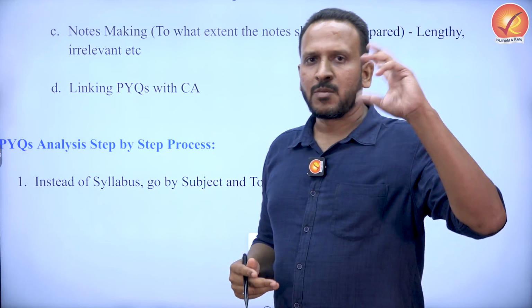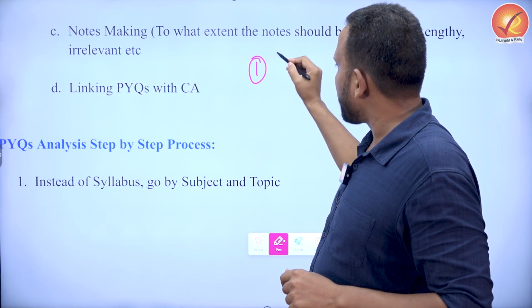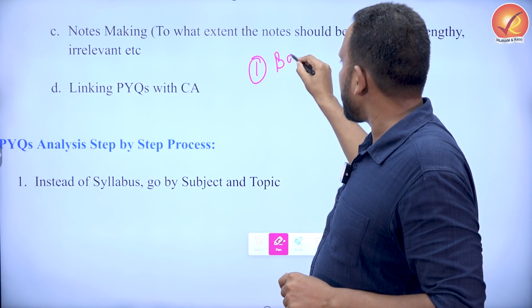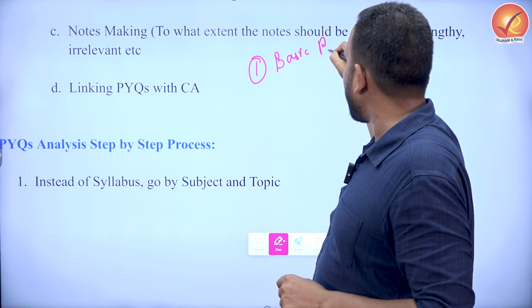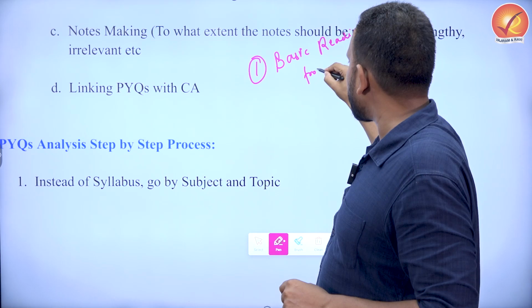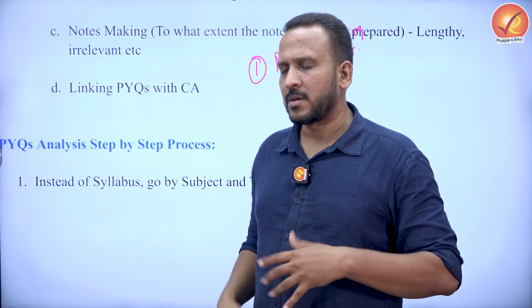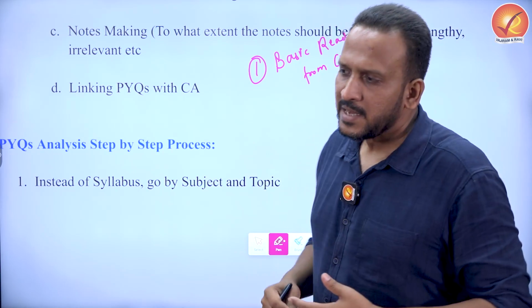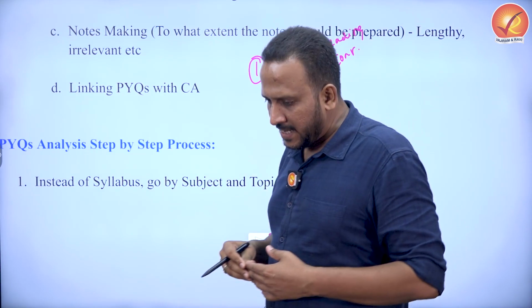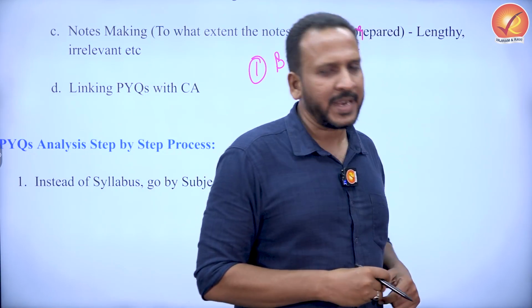So basically most of the students do the basic reading from the conventional sources, right? Like for example, polity from Lakshmikant, geography from NCERTs, ancient India from R.S. Sharma, right?